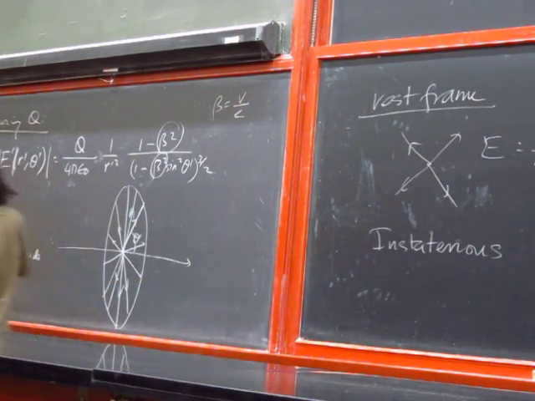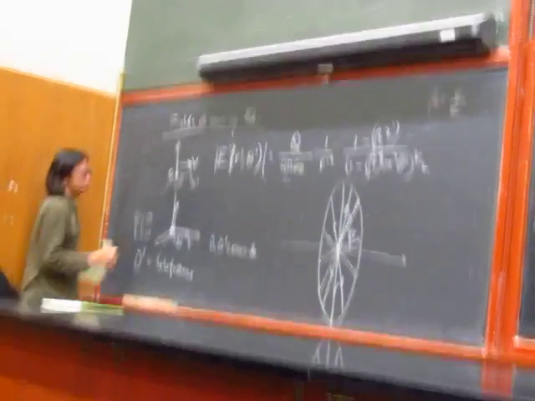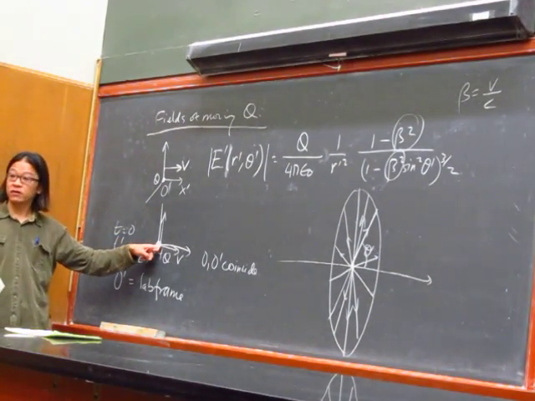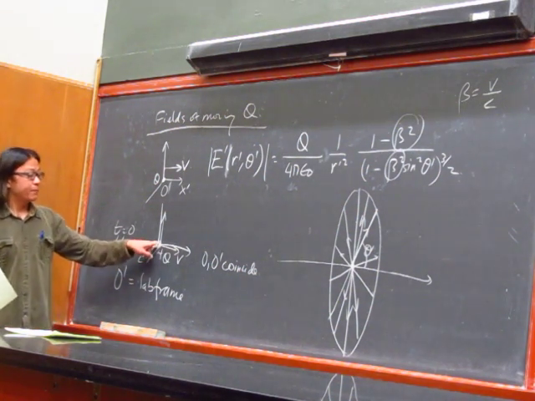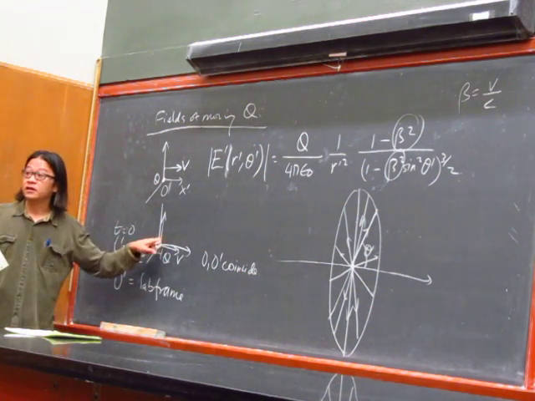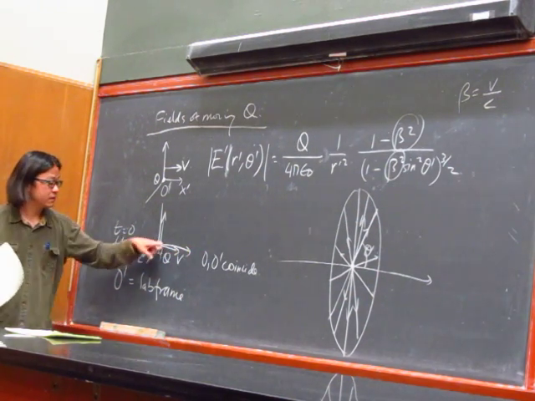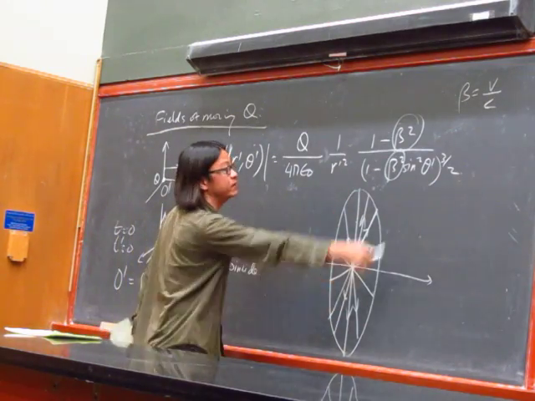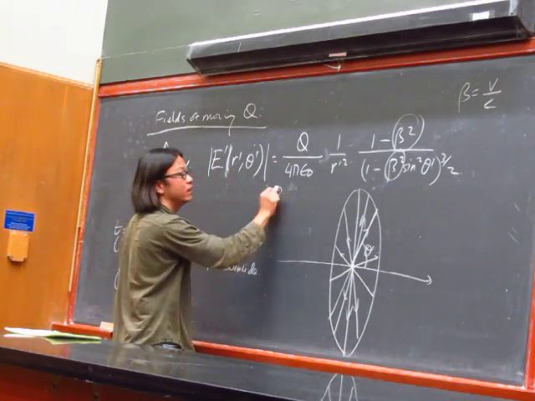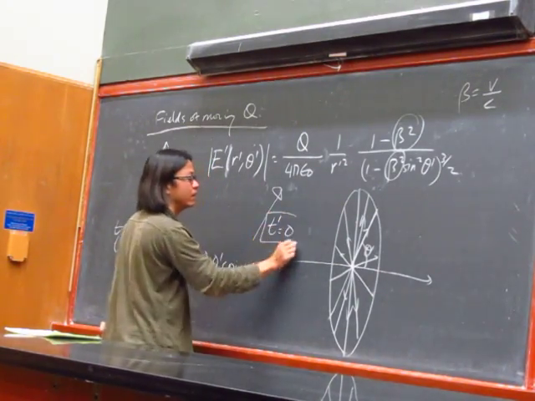Meaning, say, at time equal to 0, t prime equal to 0, this particle happened to be at the origin of my reference frame, right? And it has an instantaneous velocity v at that particular time here, and the field is just given by this formula. Right? This is at time t or t prime equal to 0.